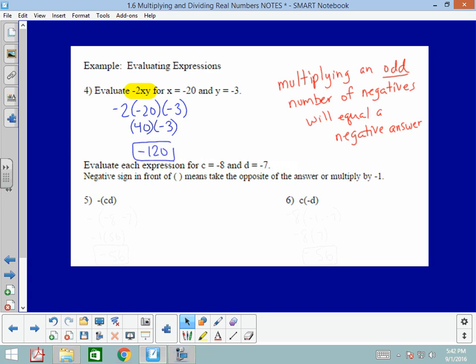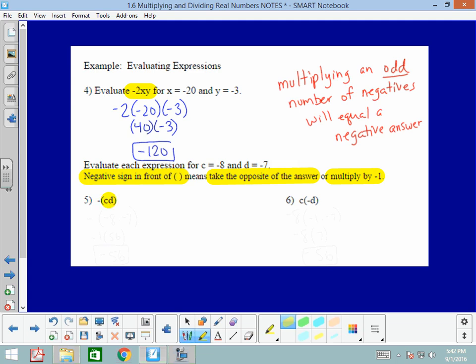All right, on this one, just remember that a negative sign in front of a parentheses means take the opposite of the answer or multiply by negative 1. So I'm just going to show you multiplying by negative 1 on these. We have C is negative 8 and D is negative 7. Notice that C and D are both in parentheses.